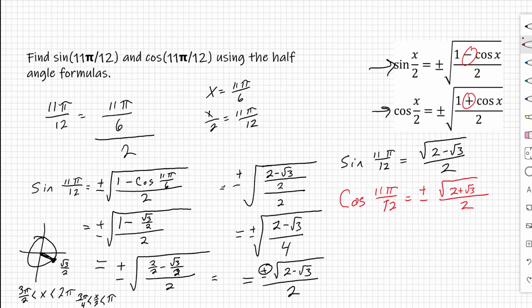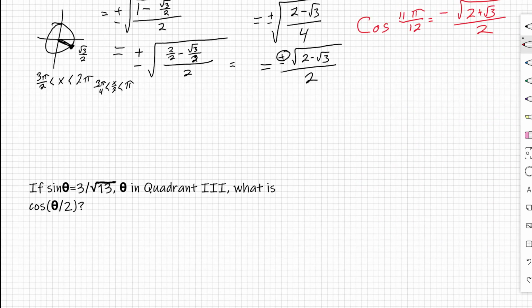And in the second quadrant, cosine is negative, so this is going to be using the negative version. And we get cosine of 11 pi over 12 is equal to negative square root of 2 plus the square root of 3 over 2. I know this looks weird. We're not used to seeing radicals inside radicals, but that's one of the side effects of this formula, that this can happen. Let's move on to another example.